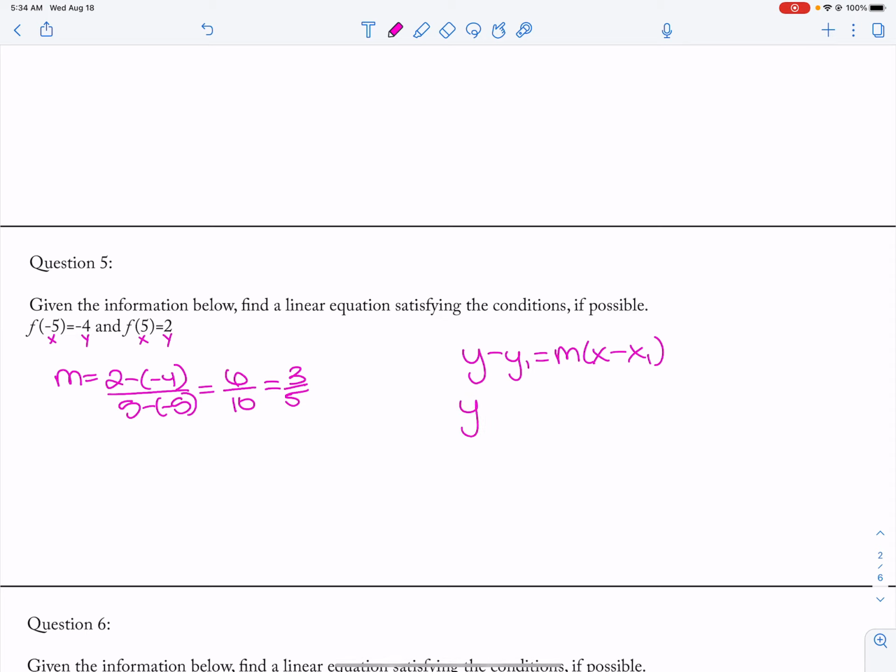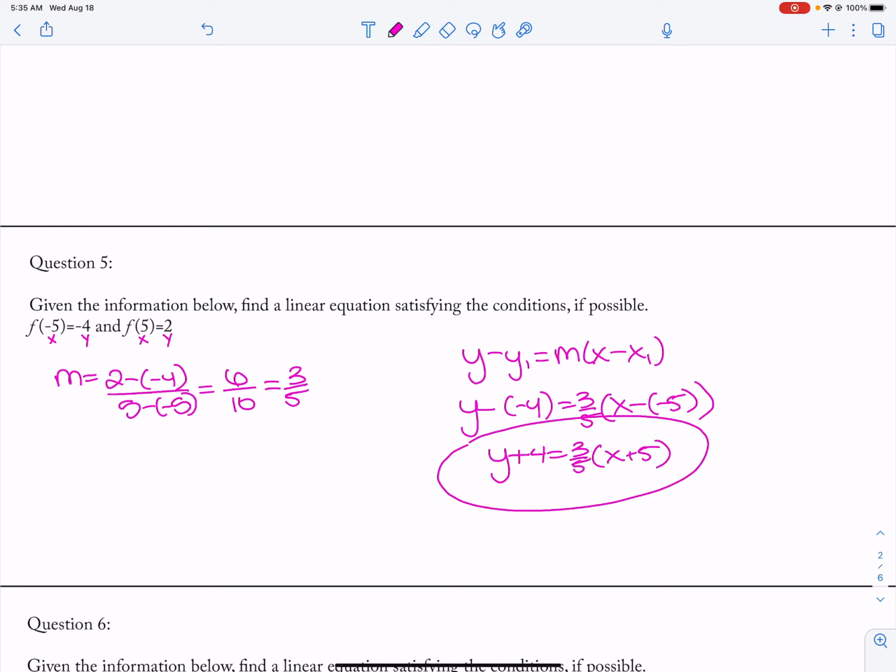So I'm going to choose the first one. y minus a negative 4 is equal to 3/5 times x minus a negative 5. So I get y plus 4 is equal to 3/5 x plus 5, and I'm going to leave it in point-slope form.